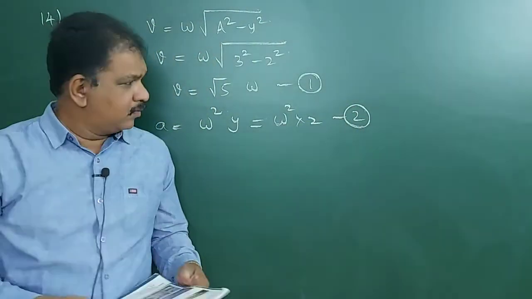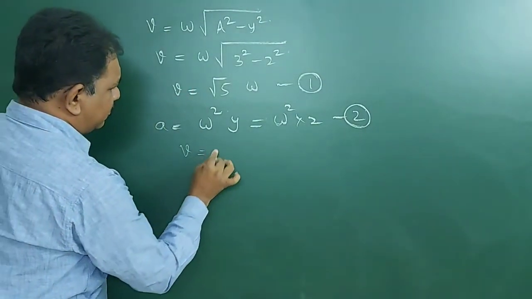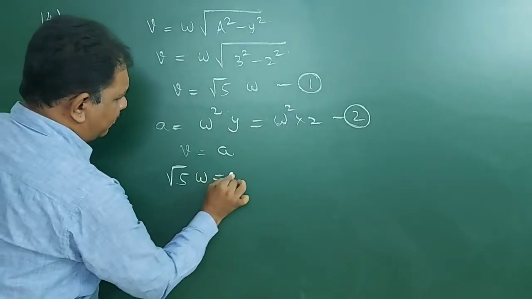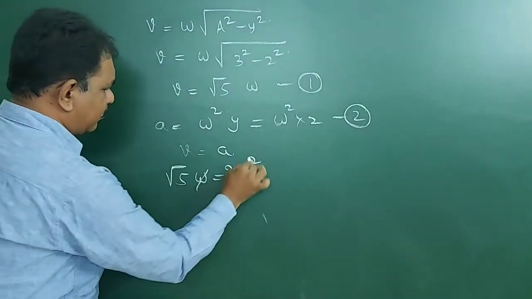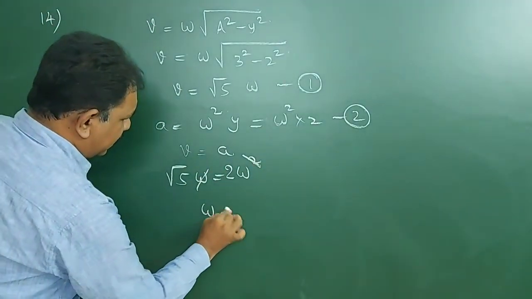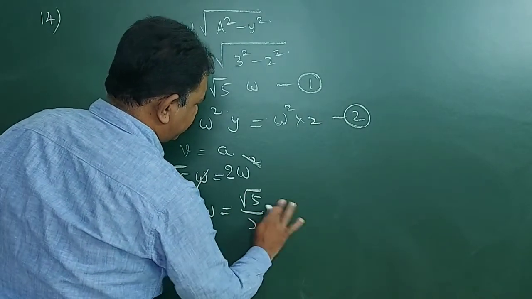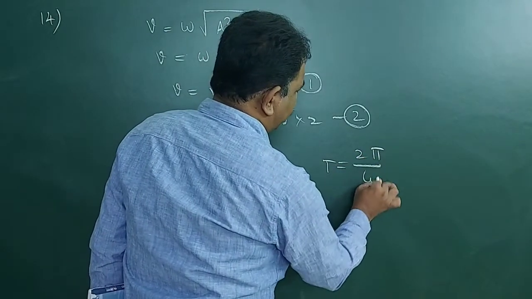These two are equal, they mentioned. V is equal to A. Root 5 into omega is equal to 2 omega square. Omega is equal to root 5 by 2. Time period formula is what? 2 pi by omega.